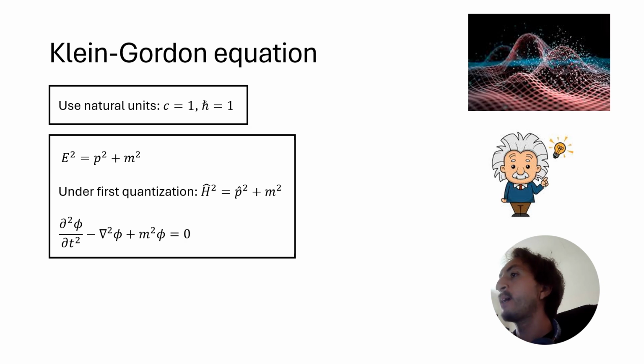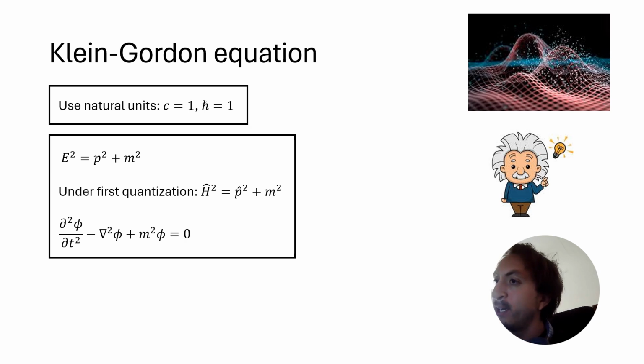Our operators have to act on something, and so they act on a field which we call phi. I'll call phi the Klein Gordon field, and the bottom equation in the box is the Klein Gordon equation. Because it's relativity, it's good that we've got second order derivatives in time and space. This definitely looks far more compatible with relativity than the Schrödinger equation.